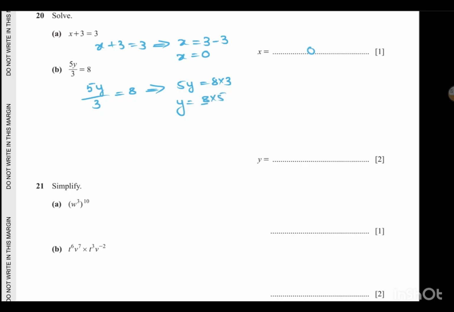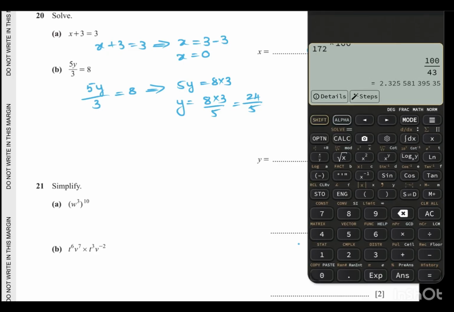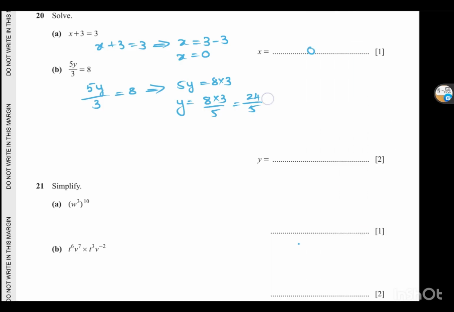Sorry, 8 into 3 by 5. So that will be 24 by 5. What is the value for 24 by 5? Find out. 24 divided by 5, 4.8. So that is 4.8. Y is 4.8.